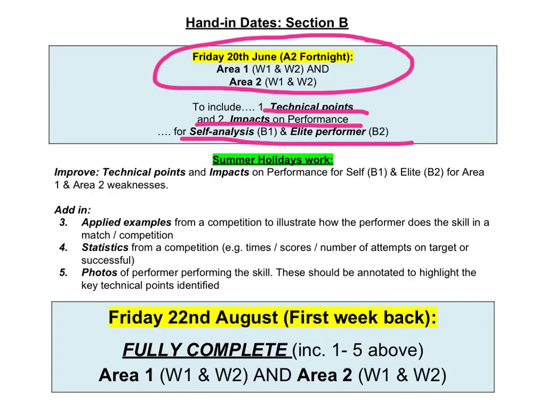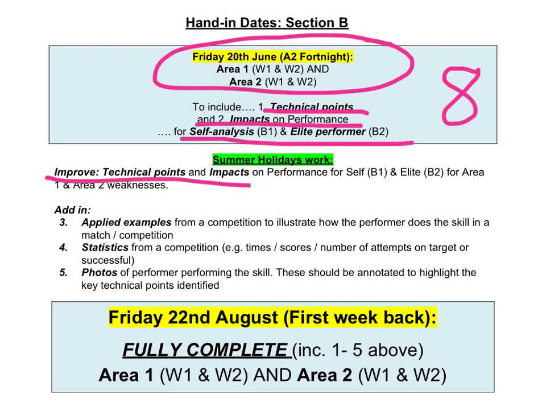So obviously the clever ones amongst you have worked out that is, yes kids, 8 pieces of work. Wowzer. But you have got the comfort of using the lessons during A2 fortnight, which is the bonus ball. So if you use those lessons wisely, to be honest, you should be able to get most of the work done within the lessons.